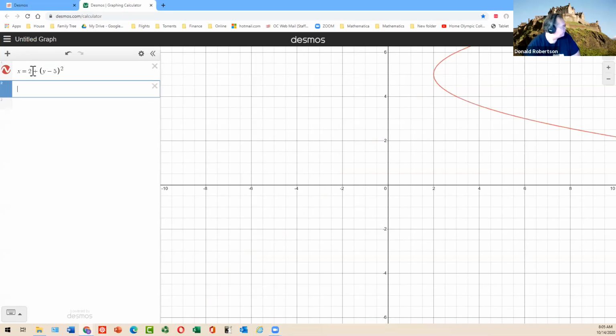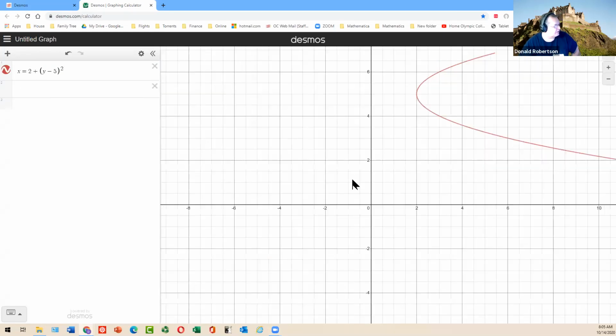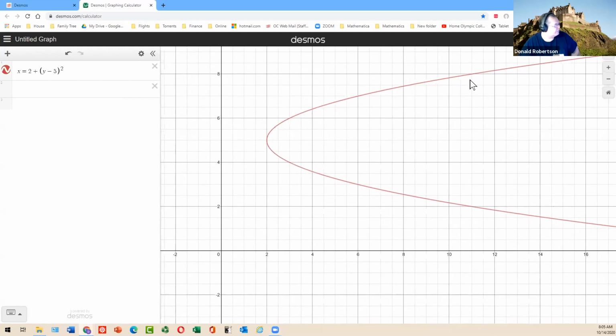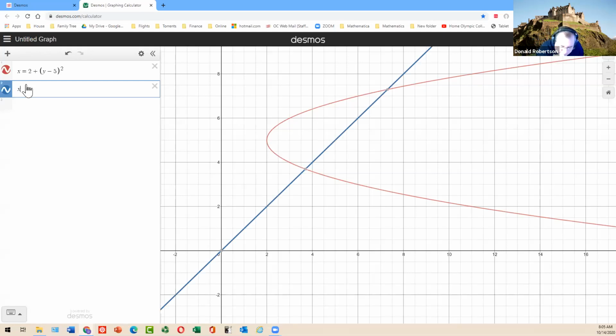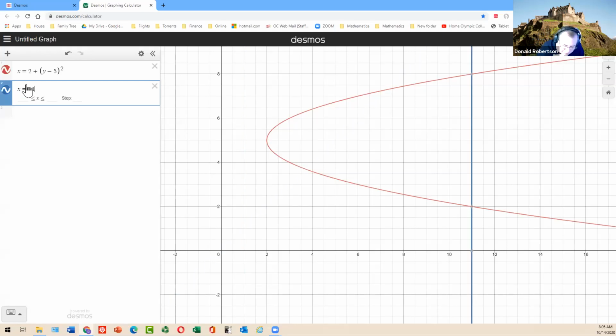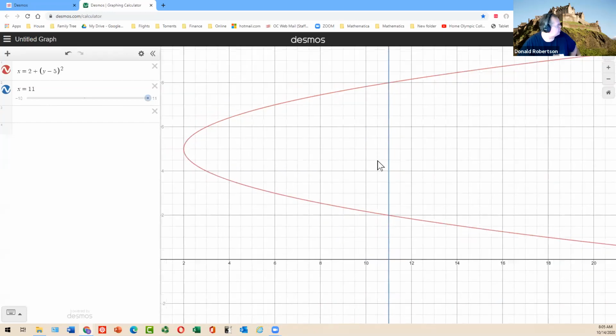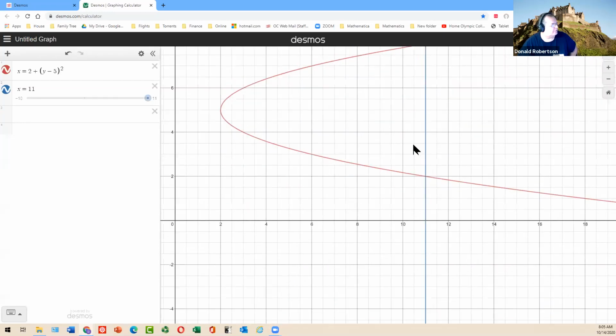When I hit the button above it, it graphs it. Right, so there's the red curve. Now it has another line that said x equals 11, so I'm going to put that in. And between them, I should have a region. Should be blue.